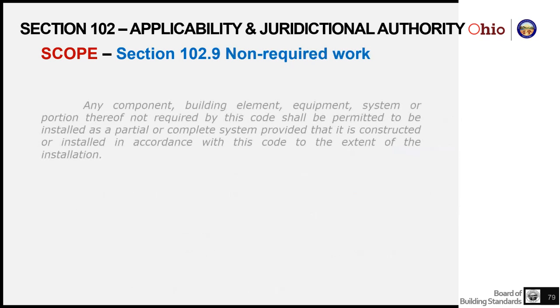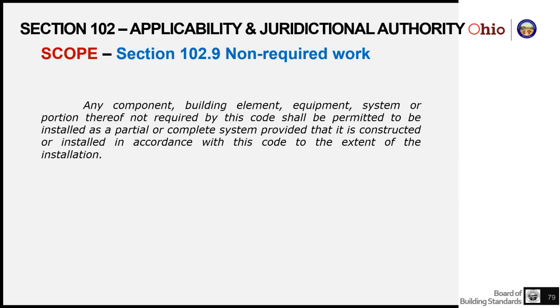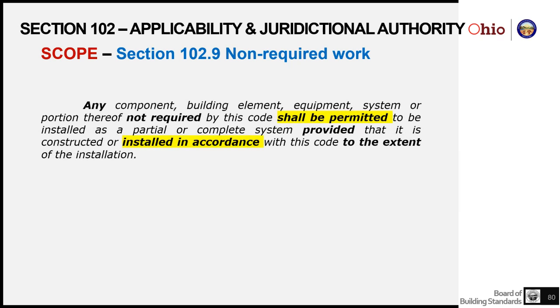So non-required work, 102.9, we talked about, there were some questions about this earlier. So here, any component, any part of the building that's not required by the code is permitted to be installed either partially or completely, provided that it is constructed and installed in accordance with the requirements in this code to the extent of the installation.